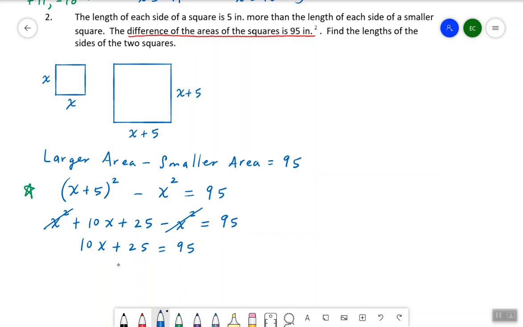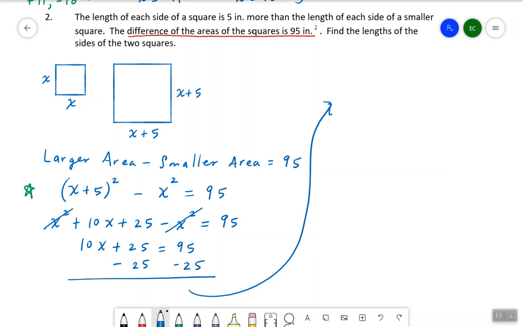So we can just subtract 25 from both sides, and we'll have 10x is equal to 70. Then when we divide by 10 on both sides, we get x is equal to 7. Remember what x represents? It's the length of the side of the smaller square, and the units are really important in these problems.